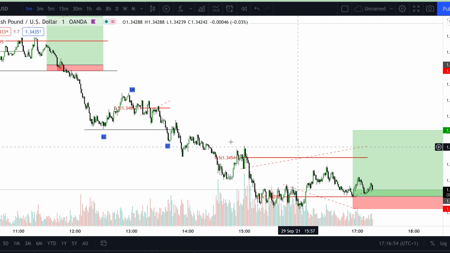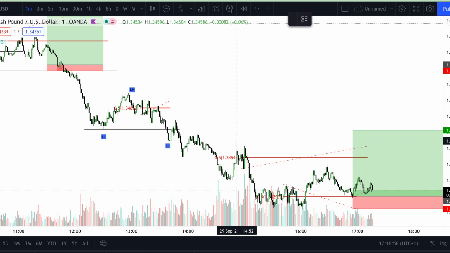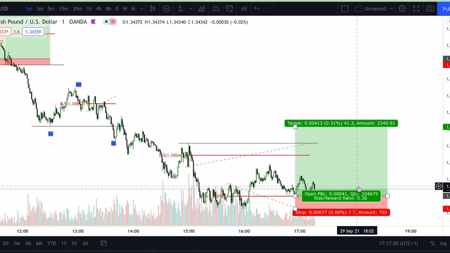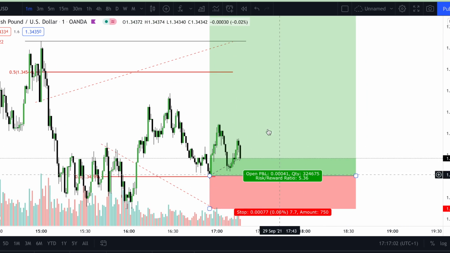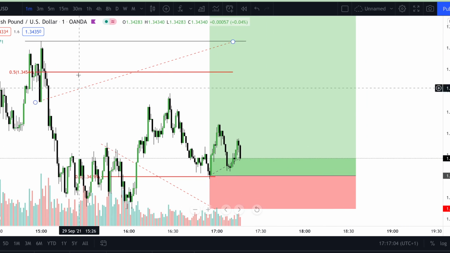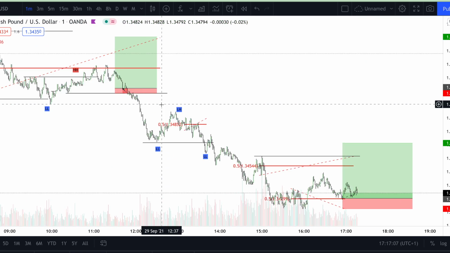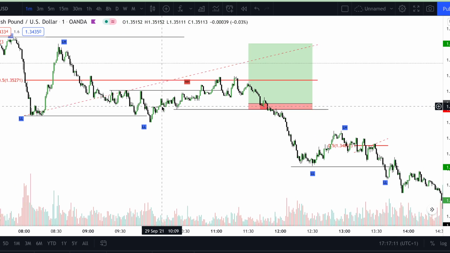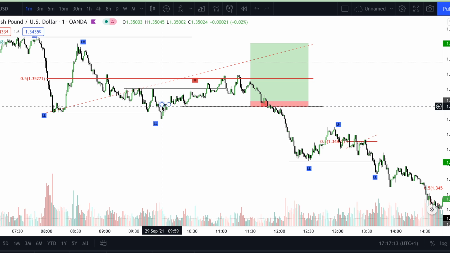And when this lower high is broken, this is a confirmation that price could shift to the upside. But that's if this holds. But yeah, it's just a sad trade we took.